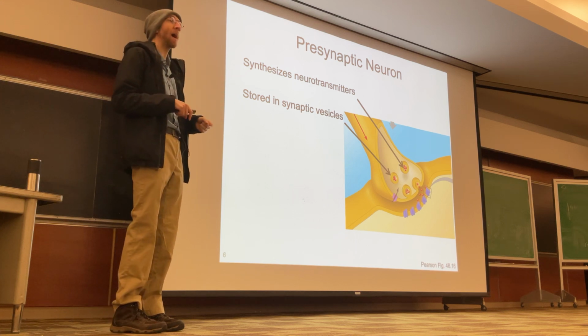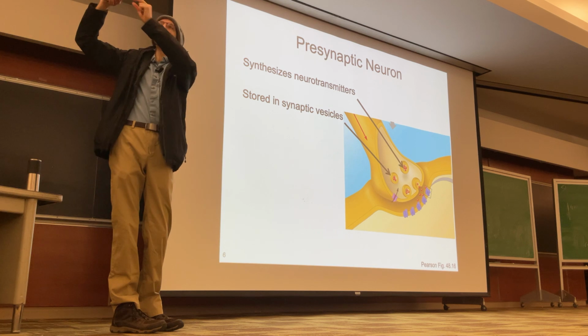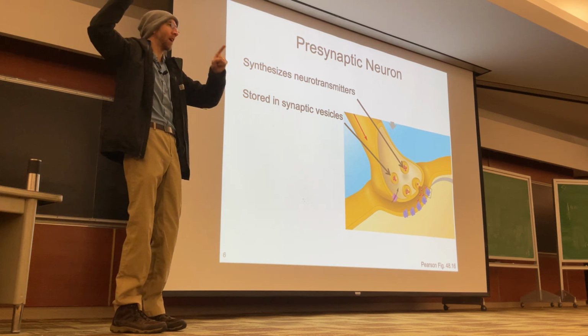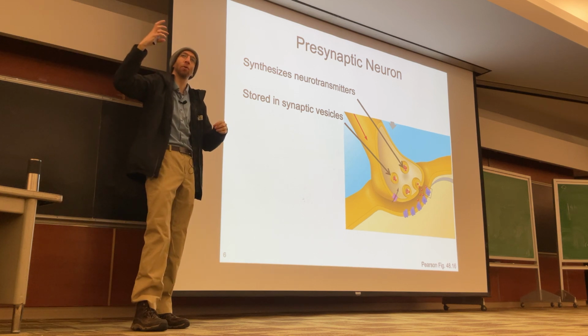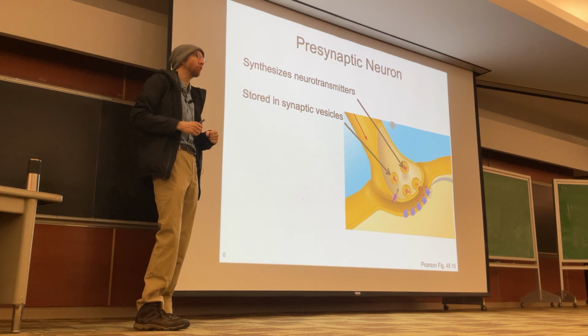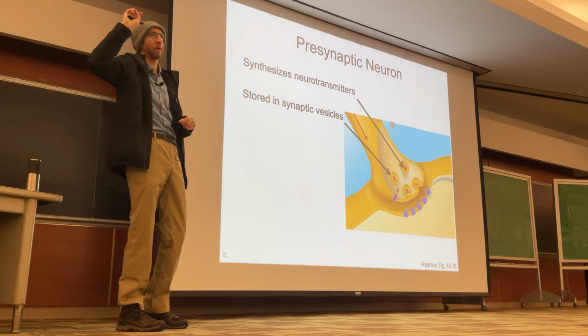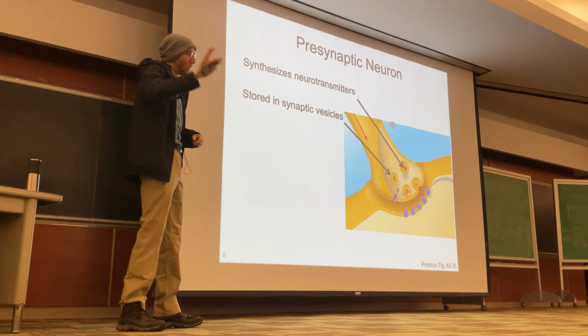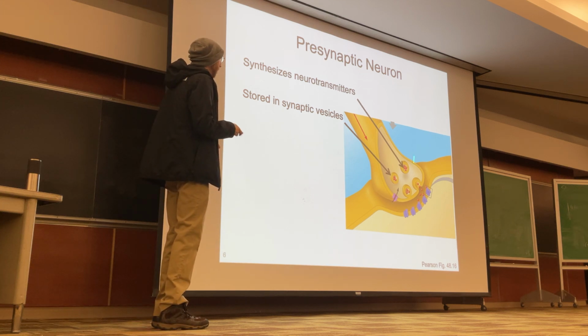And in a neuron, that means they hop on all the way up in the cell body, and then they basically walk down the cytoskeleton, down the whole length of the axon, dragging these vesicles with them that are filled with neurotransmitters. So that's how the vesicles full of neurotransmitters get from where they're made in the cell body all the way down to the axon terminal down here.